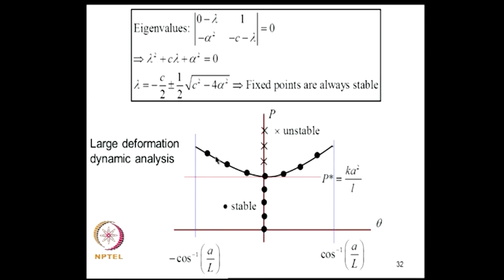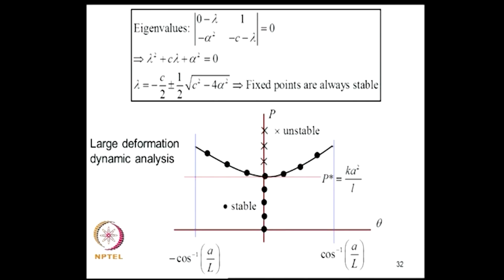But at this point 2 branches emerge, and along each one of these branches the solution is stable. That is what this analysis of the second branch of fixed points shows. So, P star, which is the value of the load at which the origin becomes unstable, is given by Ka square by L. So, this is the complete load deflection analysis of this system by including large deformation and dynamics.